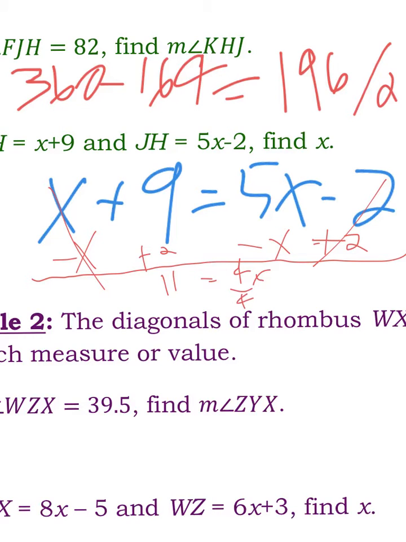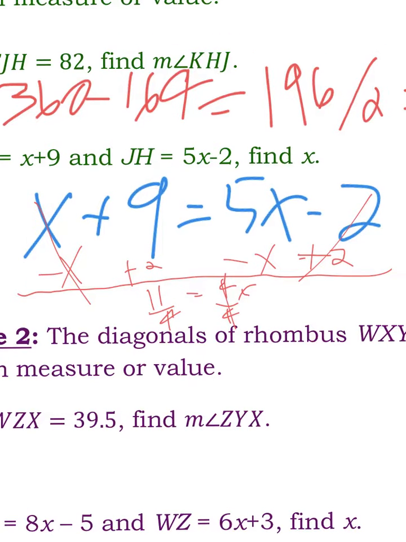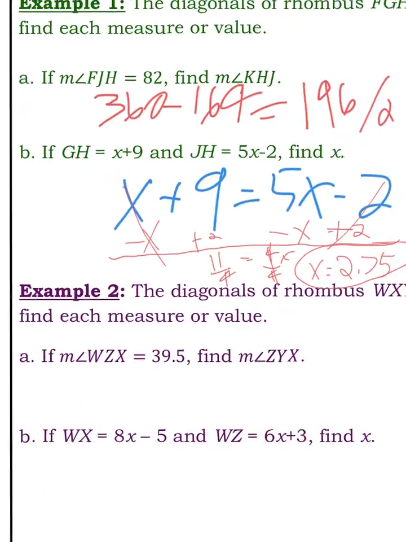So divide by 4, and I get, what is that, 2.25? No, 2.75, sorry. So x equals 2.75. And that's it for that example. Let's look at the next one.